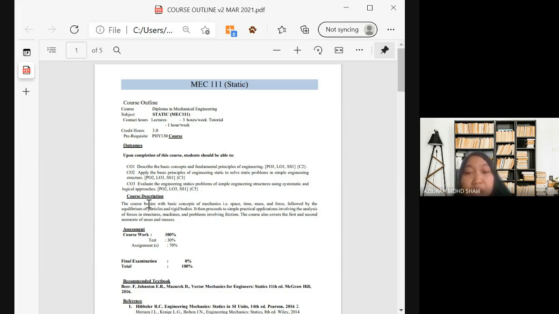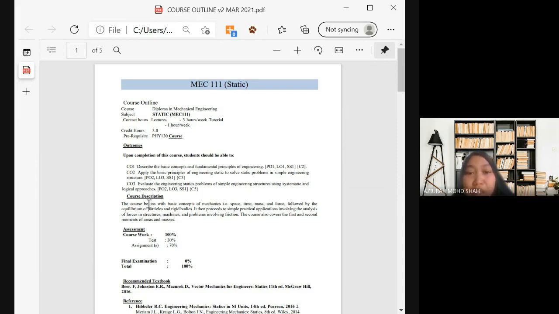Okay. And then the last one, yang ini selalunya memang akan ada masalah, sebab this course outcome is to evaluate the engineering static problem of simple engineering structure using systematic and logical approaches. This question, from what I have observed, most of you have problem with this question sebab dia level tinggi, level C5.